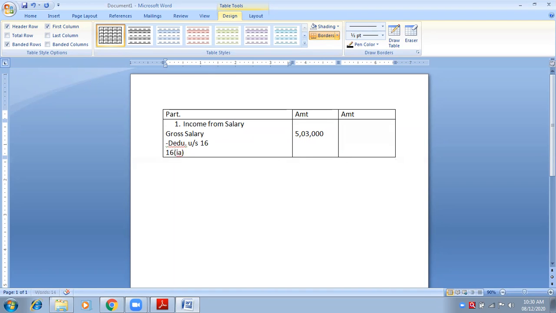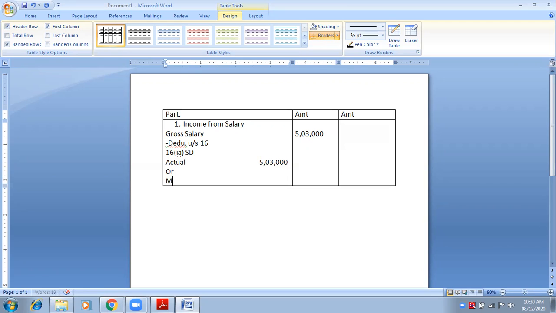This is the way to write. This is standard deduction. After writing standard deduction, you will write it is actual. What is the amount of actual? What is actual salary? 5,03,000. Very good. Actual means actual salary.